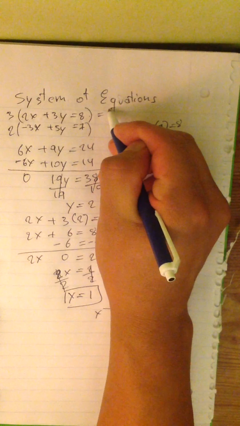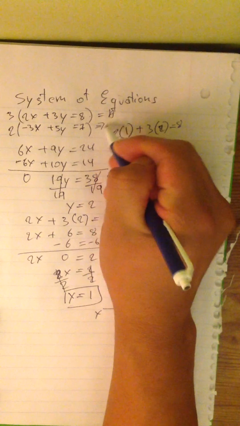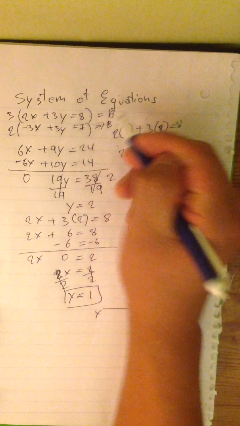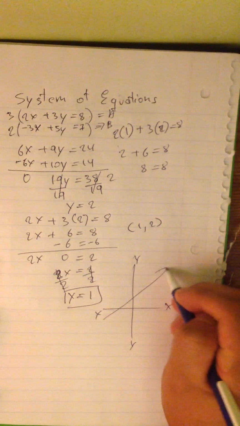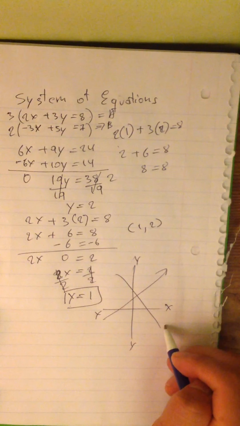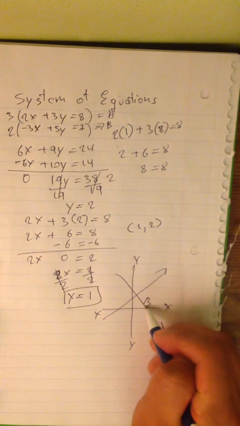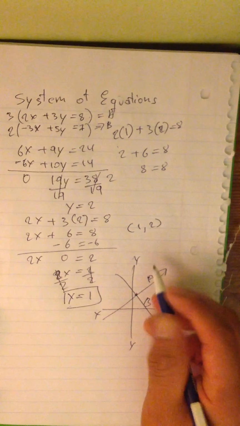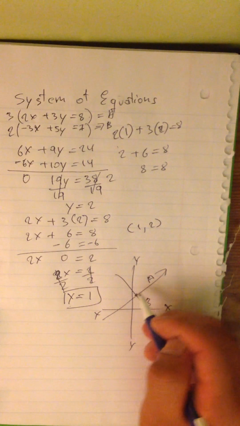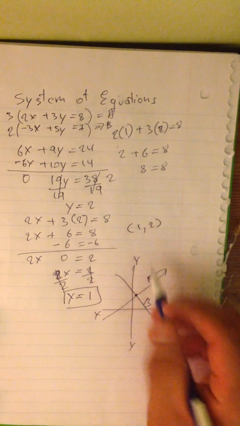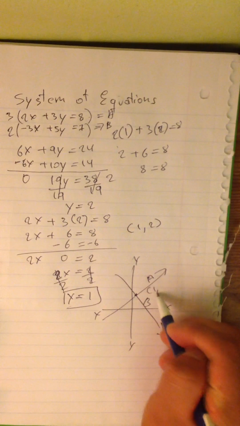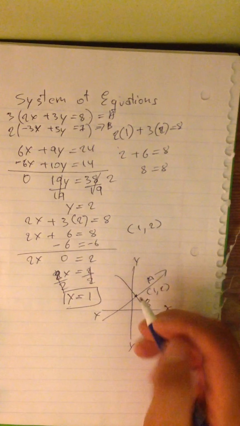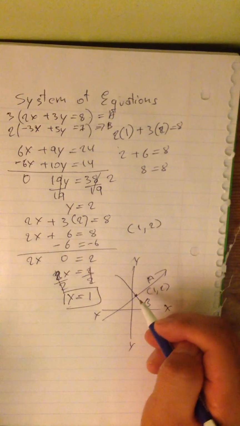Let's call this line A and this line B. If line A goes like this and line B goes like that, this is the point where they cross each other. So this is the coordinates we just found. That way we have an idea of what we're doing.